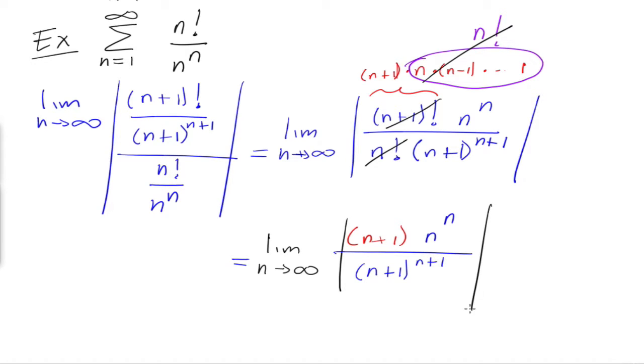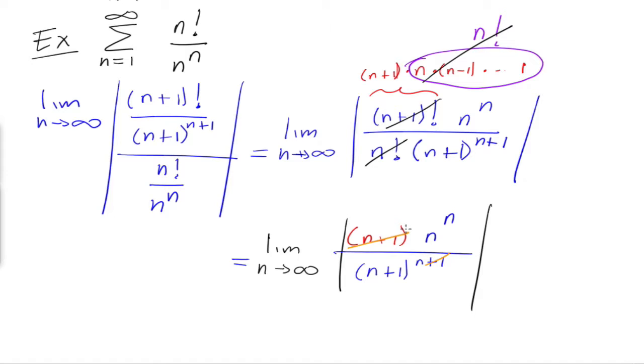All right. And then? Now what can I do? Get rid of the plus 1 on the bottom. Yeah, so this n plus 1 I can simplify with one of these, right? So it just becomes (n plus 1) to the n.